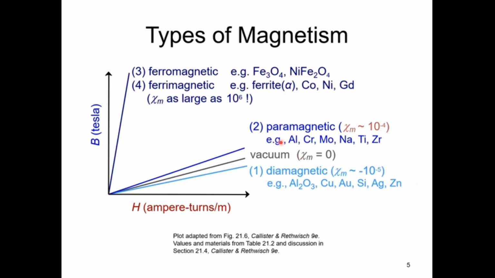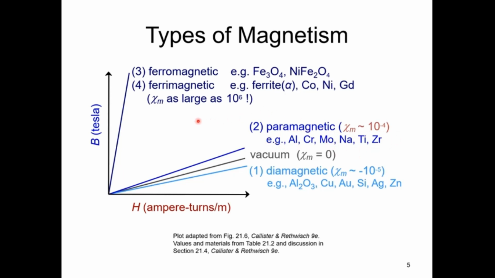Followed by paramagnetic, where the degree to which a material can be magnetized in a magnetic field is around 10 to the power of -4. The susceptibility to the magnetic field is only about this value. It's also considered a low response to the magnetic field. And these are examples of materials.